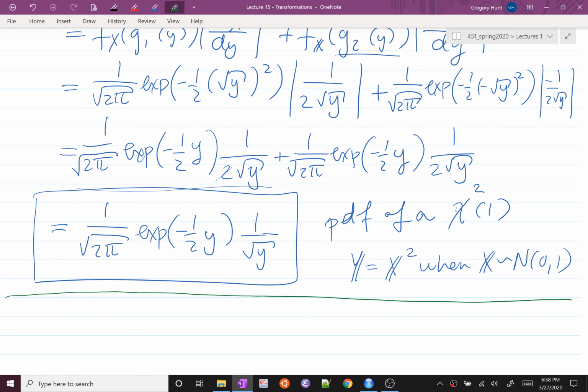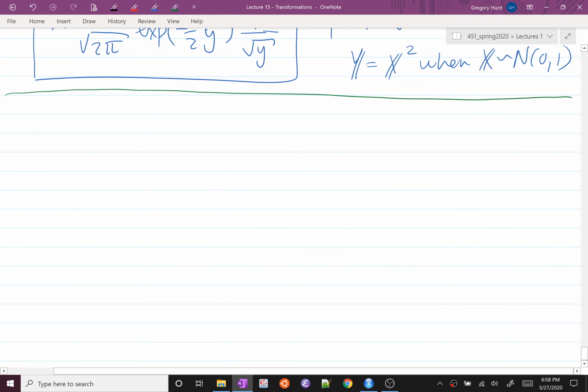more fun one. The theorem is called the probability integral transformation.